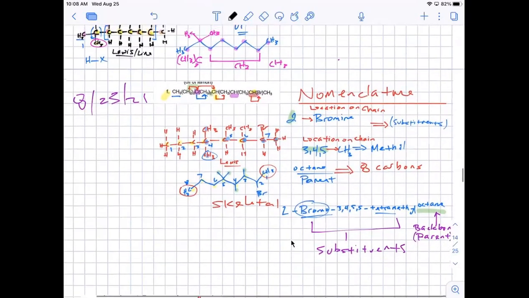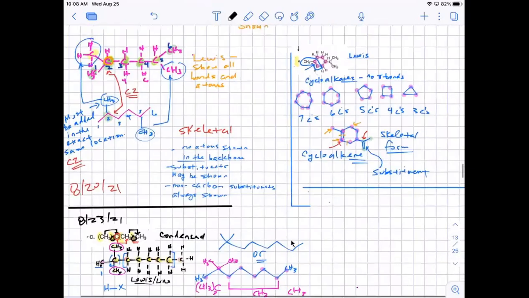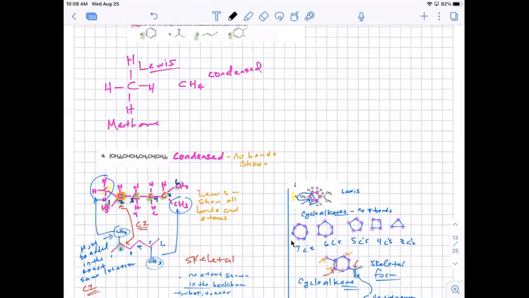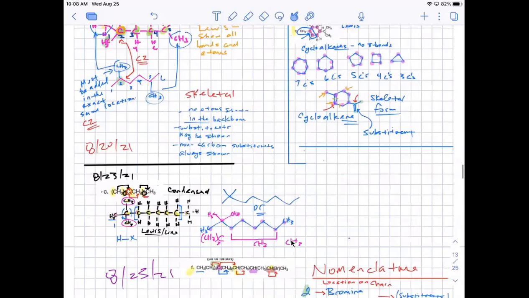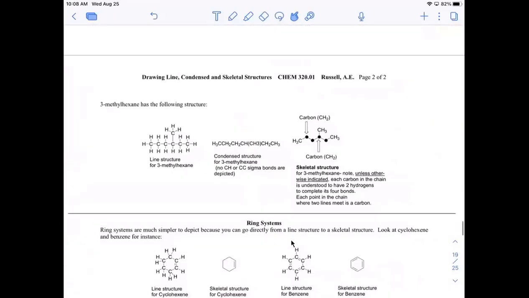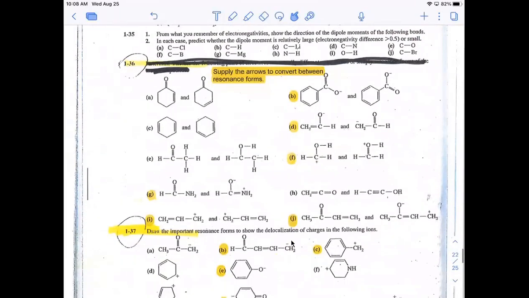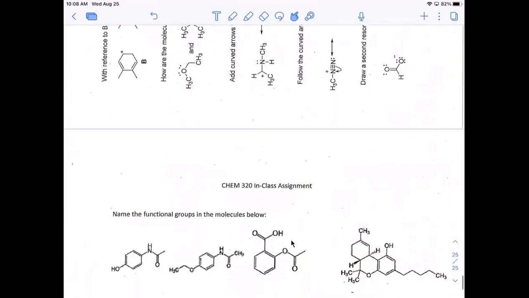Let's take an example. We won't touch the functional groups yet; we'll do that later.